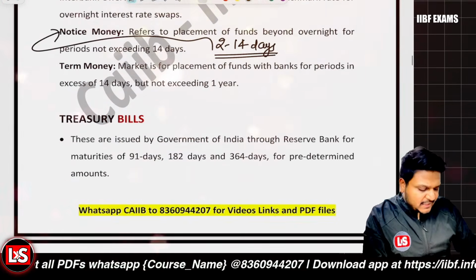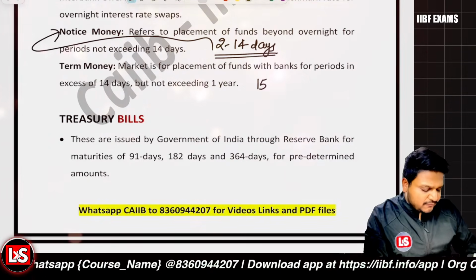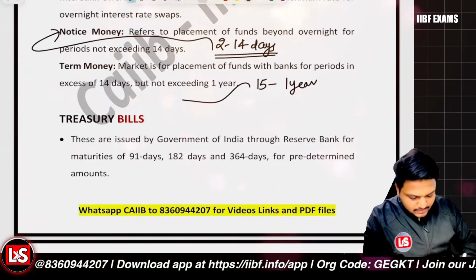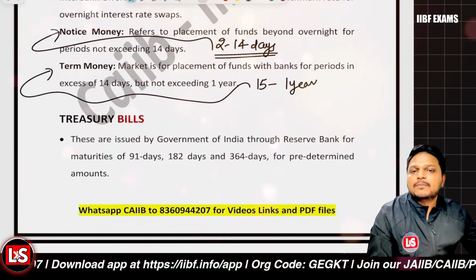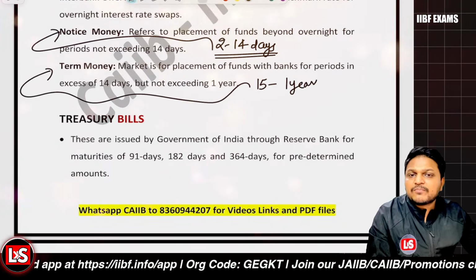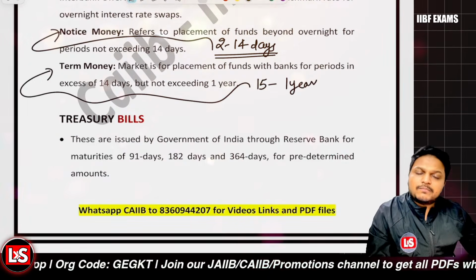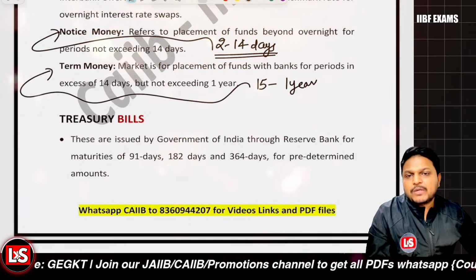And when it is from 15 days, that is exceeding 14 days, up to 1 year, then we say it to be term money. Clear with that? And basically, it reflects the banking system liquidity.